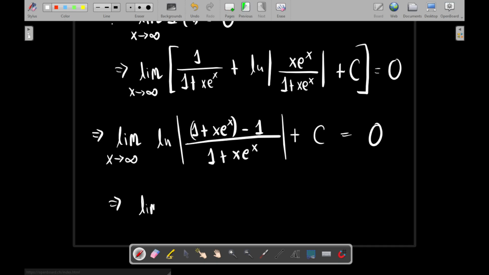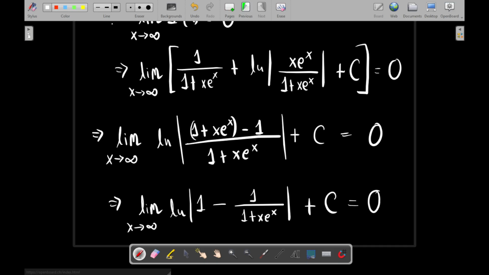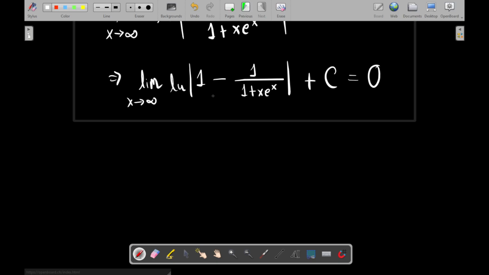So now we have the limit as x tends to infinity of ln |1 − 1/(1 + x e^x)| + c. In this step, if we put x tends to infinity here, this is ln 1, so this will be 0.